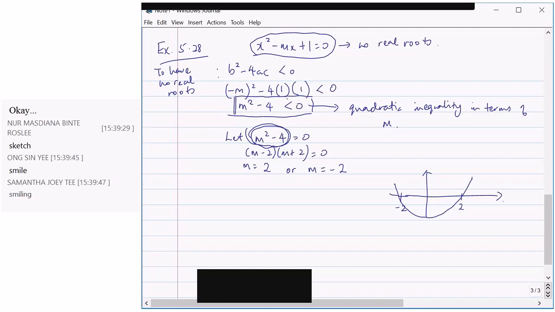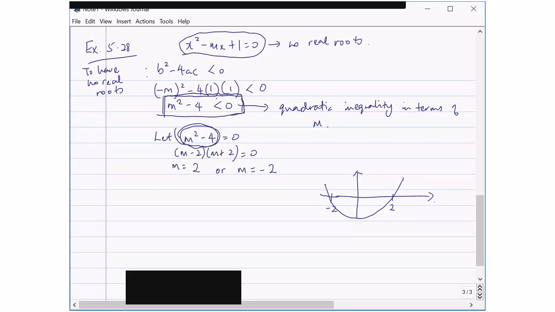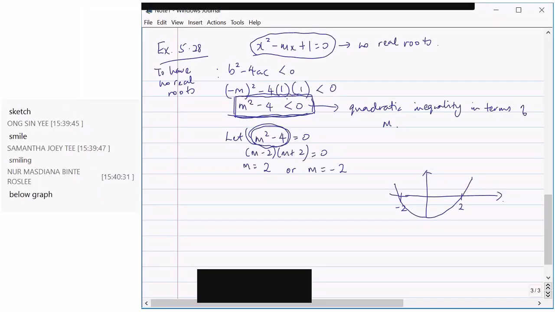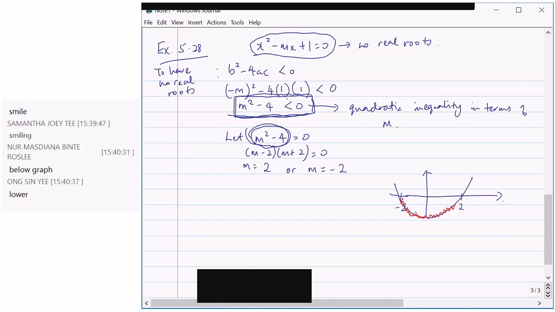Go back to the inequality. This is your inequality. This is what you're trying to solve. M squared minus 4 is less than 0. Which part do I want? If I want the M squared minus 4 to be less than 0, which part of the curve am I interested in? The below graph. Nice. This part. This is the part I'm interested in.